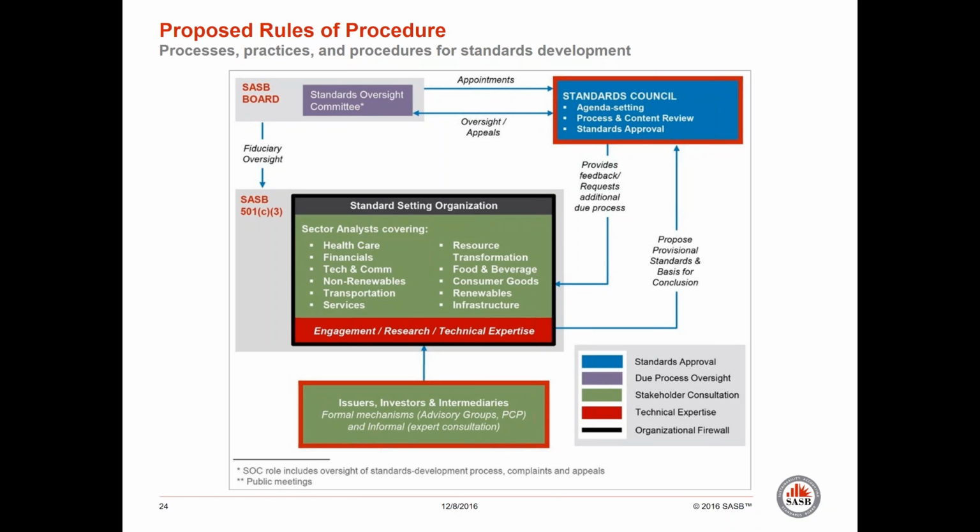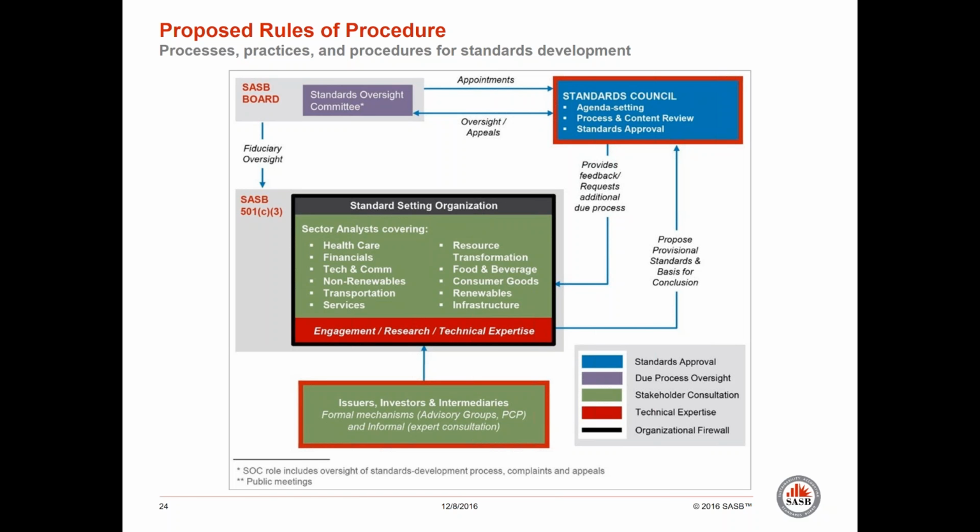That we will ultimately report to an independent standards council that will be appointed by the SASB board, and that group will have ultimate authority over the standards themselves and the process itself.